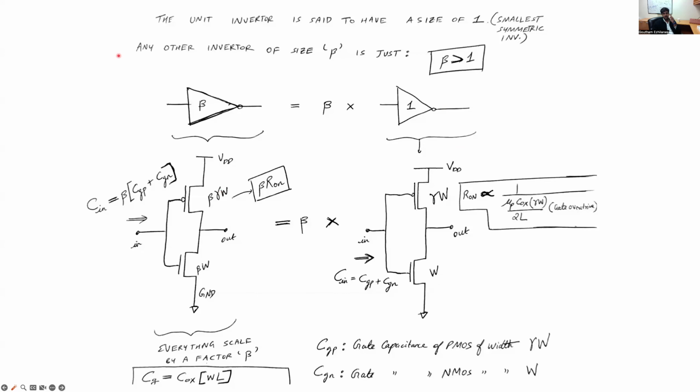That means that if you use a beta inverter to do the switching, the beta inverter is going to add more capacitance to the previous stage, and therefore it's going to slow down the previous stage further. But for the next stage, it is actually going to speed it up because its on resistance gets multiplied by a factor of 1 over beta. Since beta is greater than 1, the on resistance is reduced by the factor beta, right? So the beta inverter is going to slow down the previous stage and speed up the next stage.